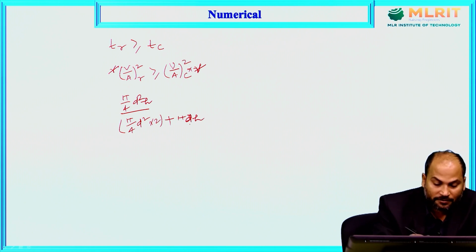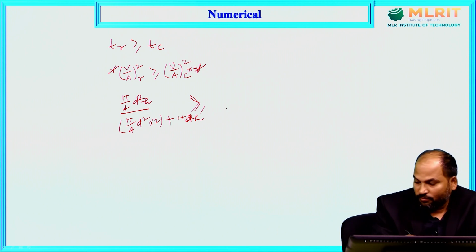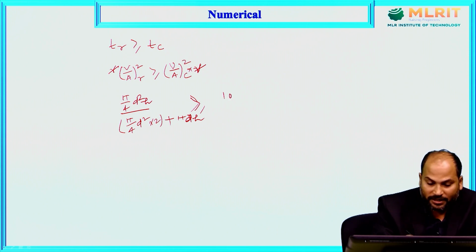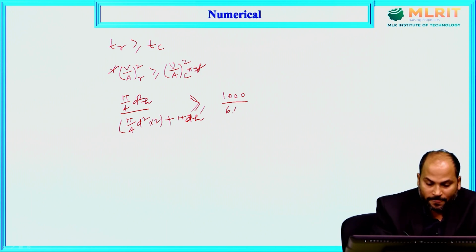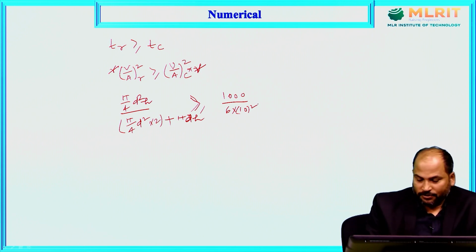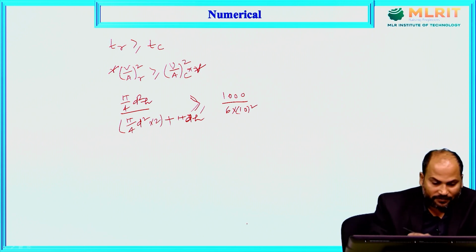Small d, and this will be greater than or equal to the volume of the mold cavity, which we have already calculated, it is 1000, and the surface area will be 6 times the square of 10. So finally we can put in the values.